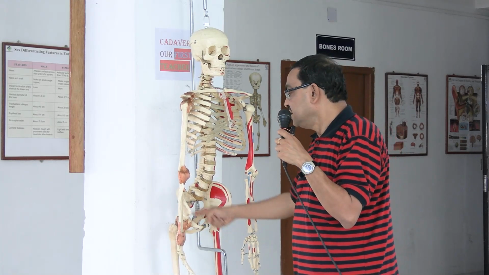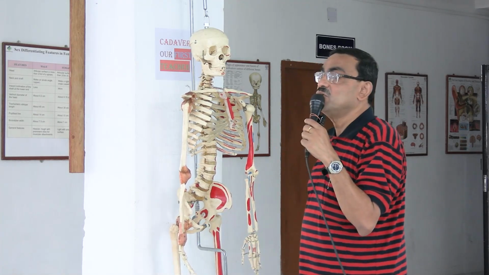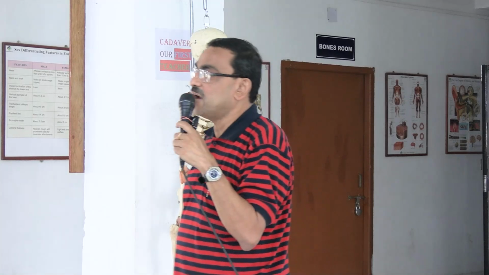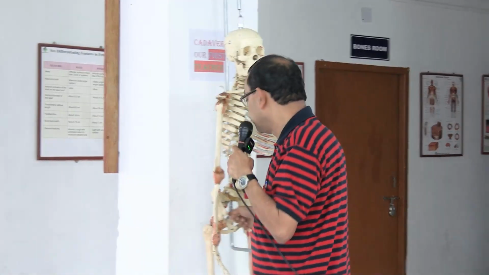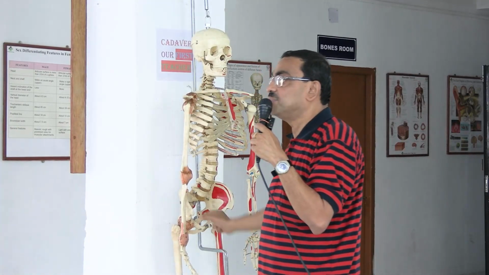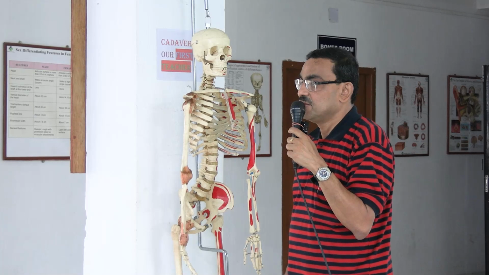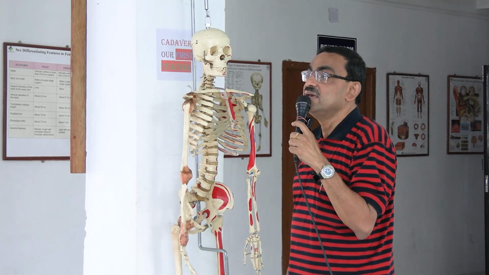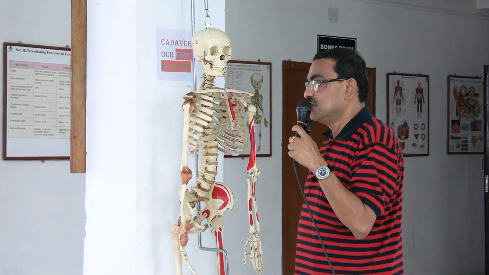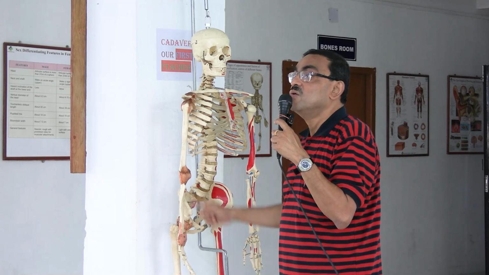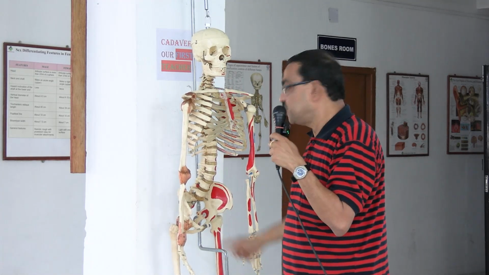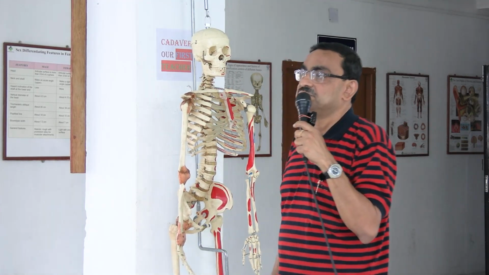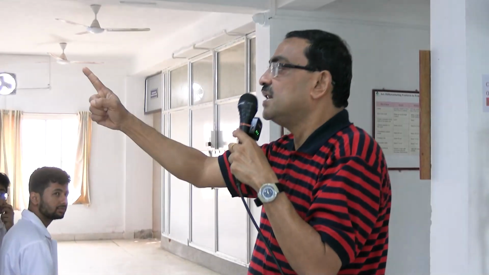And this ureter is around 1 inch or 2.5 centimeters away from the cervix of the uterus. Very important during hysterectomy: one can injure the ureter. You can forget every relation, but you cannot forget this one relation.